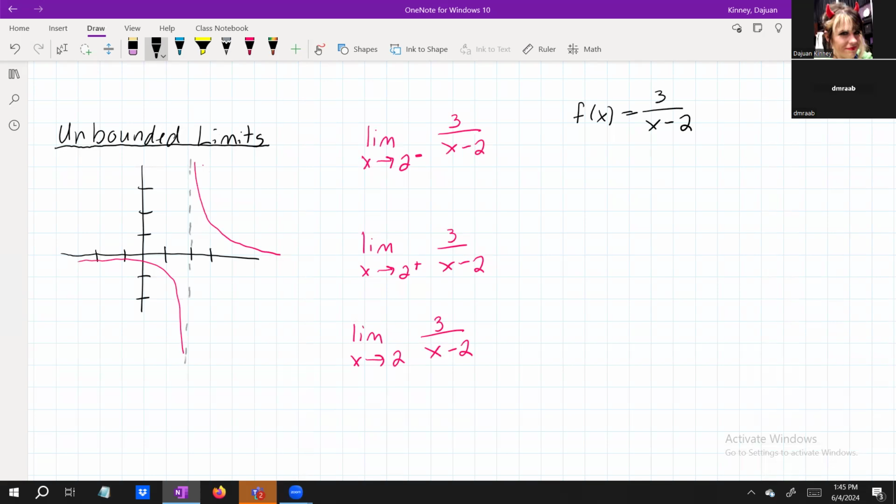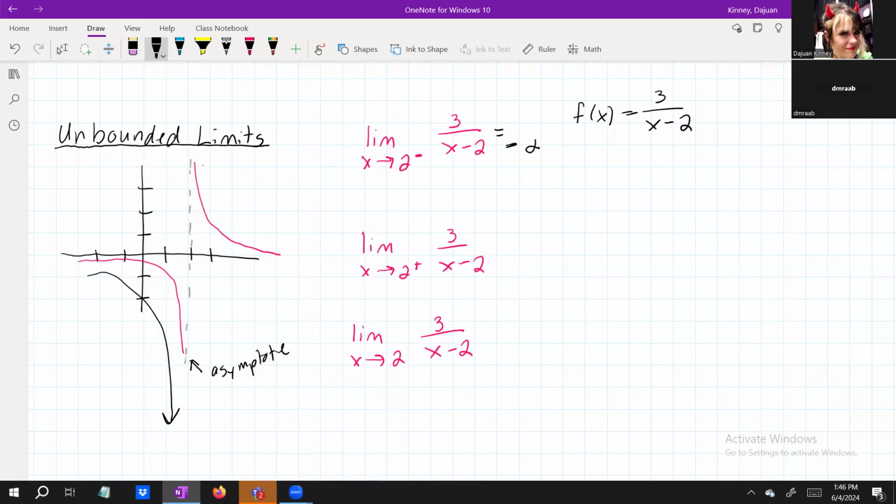You'll notice the limit as x approaches 2, which is where our asymptote is. Hopefully you remember what those are. As x approaches 2 from the negative direction, we are going down and we never stop going down. So this gives me -infinity.